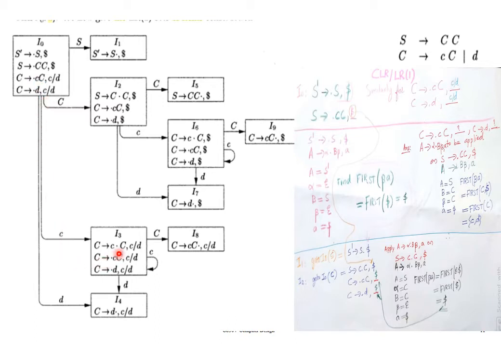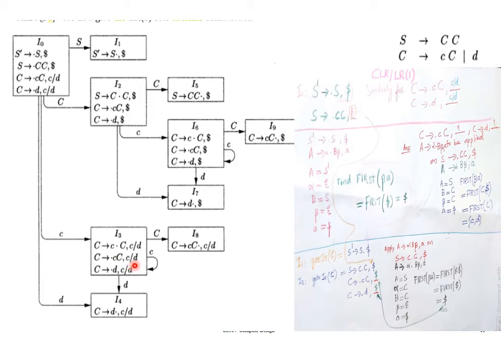Then C gives dot D, that is goto of I0 on D, that is C gives D dot comma dollar. Then in the case of I3, goto of I3 on capital C will be capital C gives C, capital C dot.